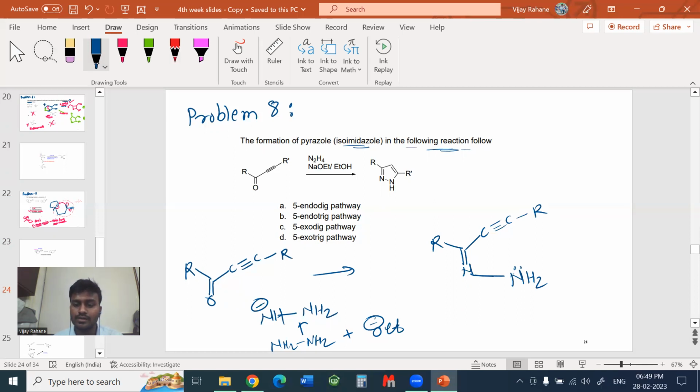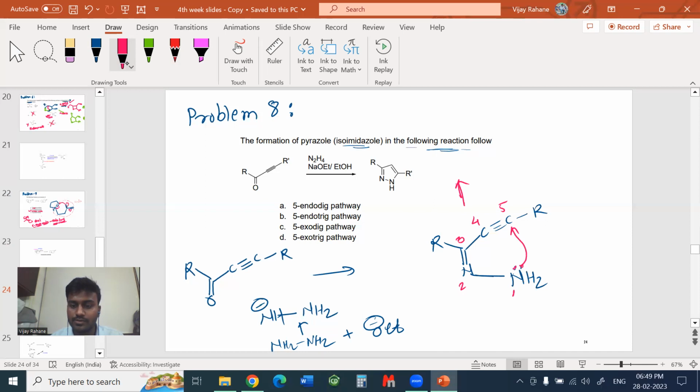If you give the numbering to this one, it will be first, second, third, fourth, and the fifth. This lone pair attacks here. So the 5-member ring is getting formed, right?